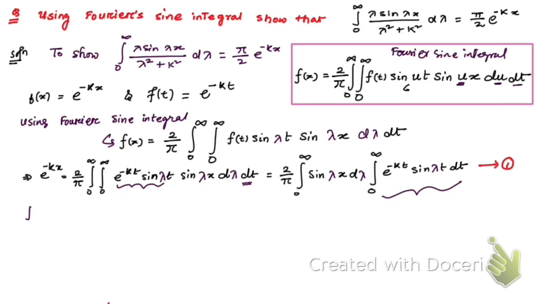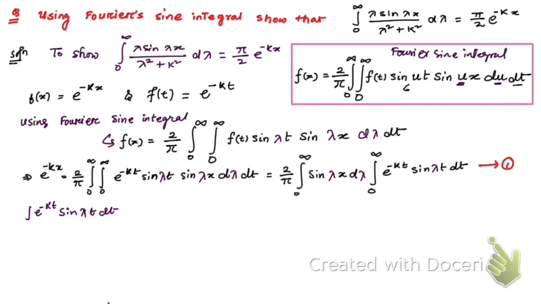Okay, so hope you have understood this. So now let us evaluate this integral, the integration from 0 to infinity of e to the power minus kt sine lambda t dt. First let us take the integral only without limits, dt. So here we're going to use the product rule.